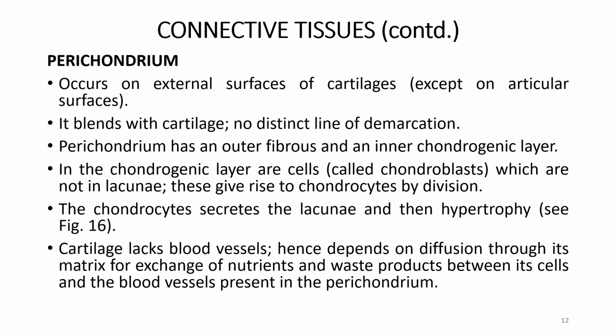Look at figure 16. Very importantly, cartilages do not have blood vessels. How do they cope? They depend on diffusion through their matrix for exchange of nutrients and waste products between their cells and the blood vessels which are present in the perichondrium.